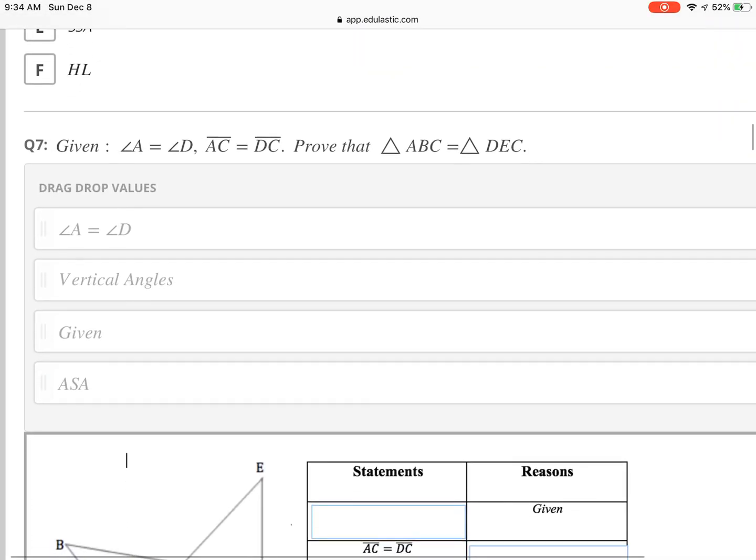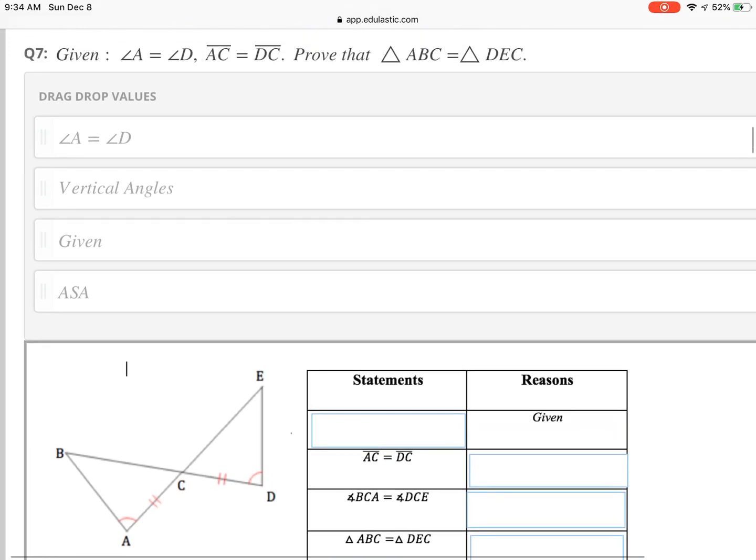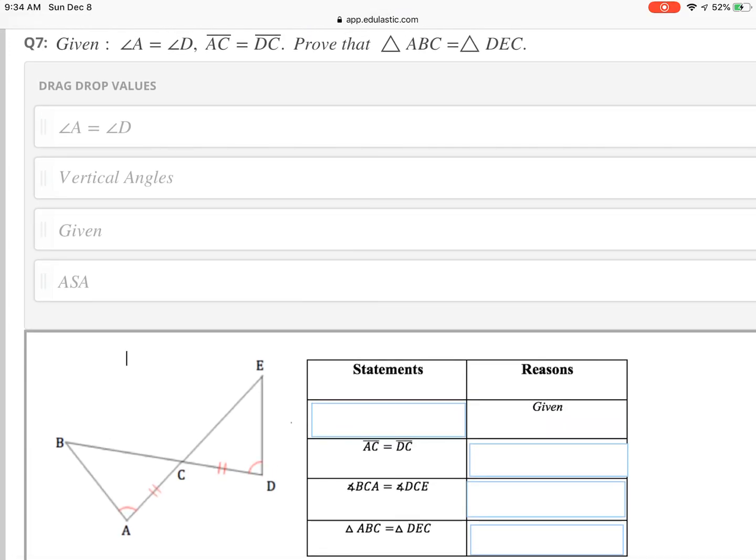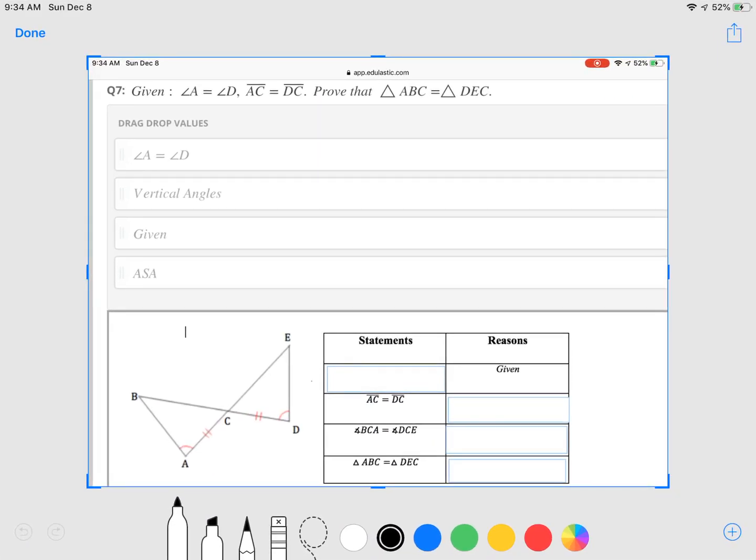All right, number 7. Okay, so we have to fill in the statements and reasons for this proof. So the first box here, it's one of the given statements. So if we can look here, the given statements are angle A is congruent to angle D and AC is equal to DC.